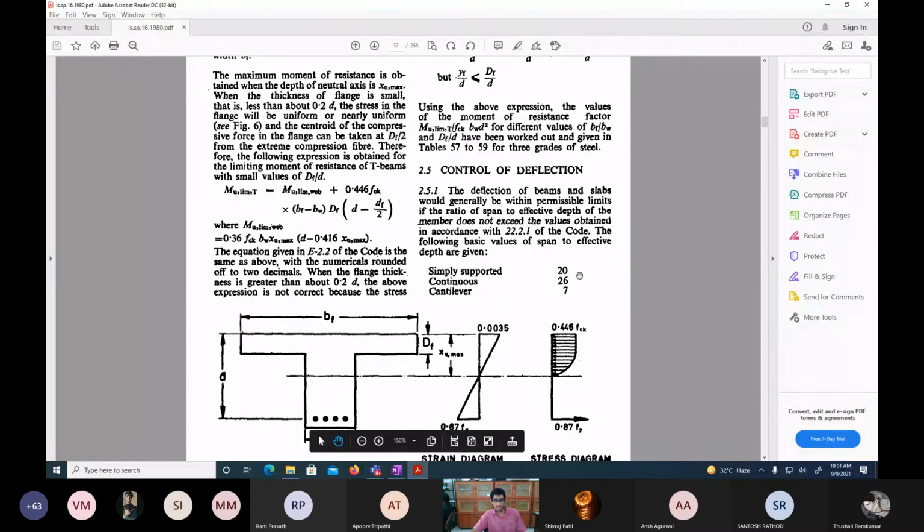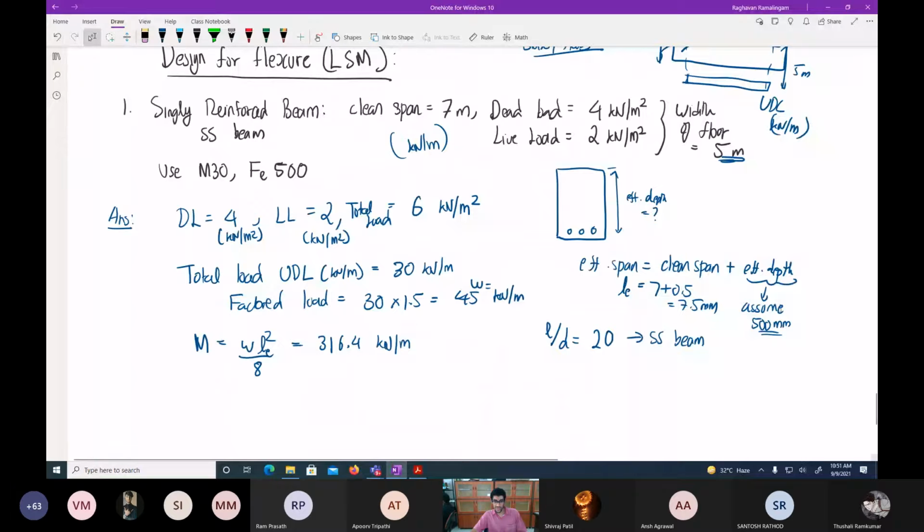Whenever you start doing the beam problem, make sure your effective depth conforms to this criterion. We have assumed it is 500. Let's check whether it is okay. This is 7,000 divided by 20, which becomes 350. So 500 is greater than 350, and I can use this for my effective depth.